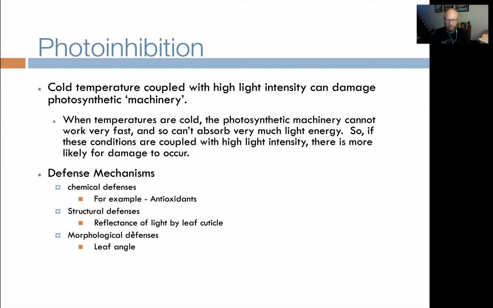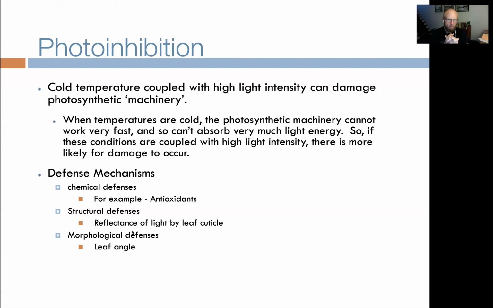So the example I have here is a cuticle, which is just a waxy layer that can form on the outside of leaves, that can help reflect some of the incoming light and prevent it from getting into the leaf where it would do its damage. So you've got the chemical defenses that protect the enzymes in the leaf. You've got a structural defense, that extra layer on the cell.